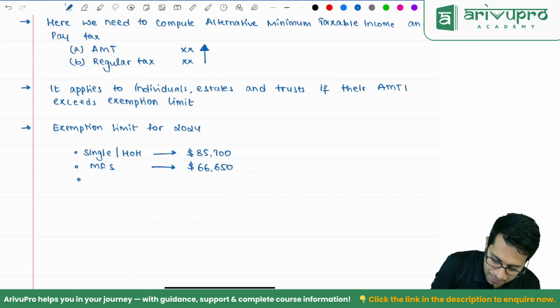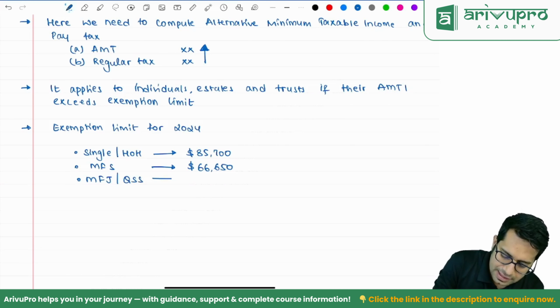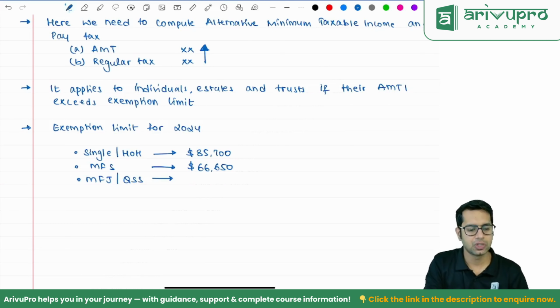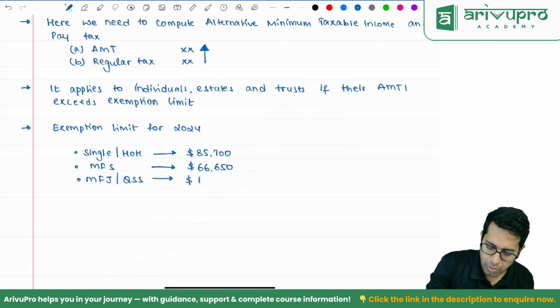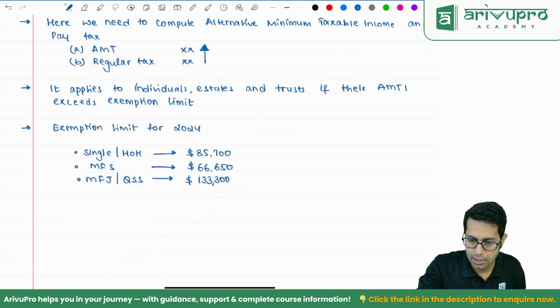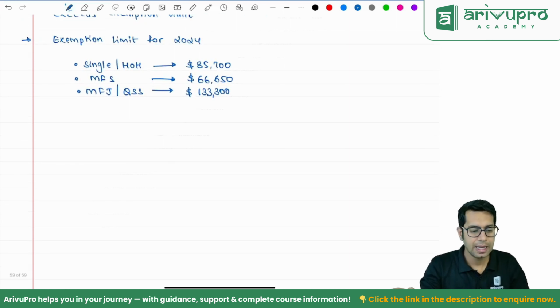And for married filing jointly and qualifying surviving spouse, it is $1,33,300. So this is the limit based on which the exemption will be given.